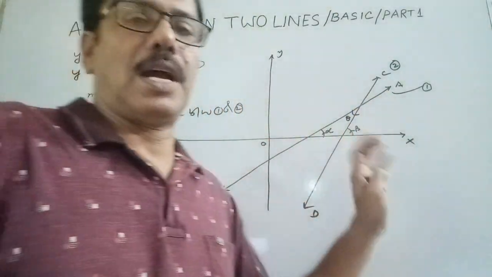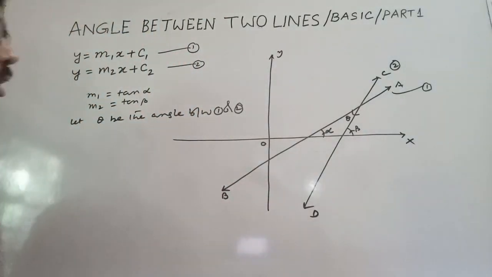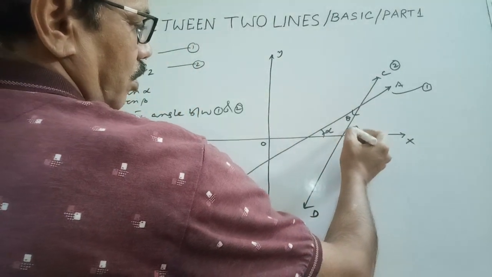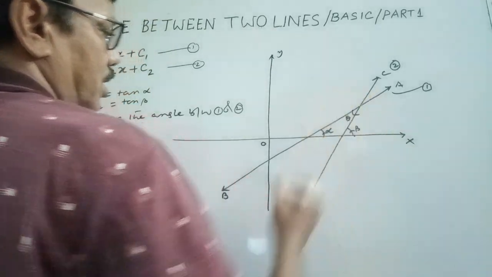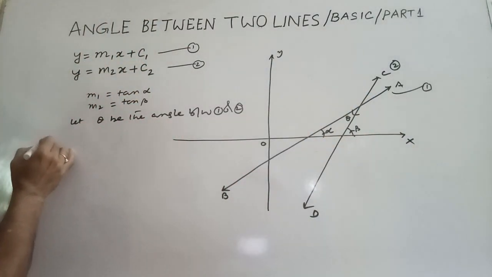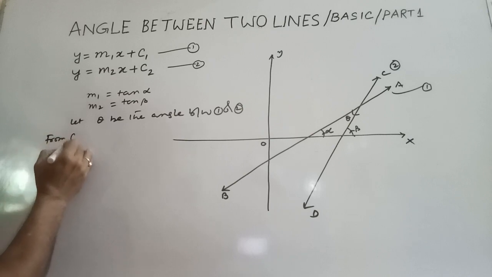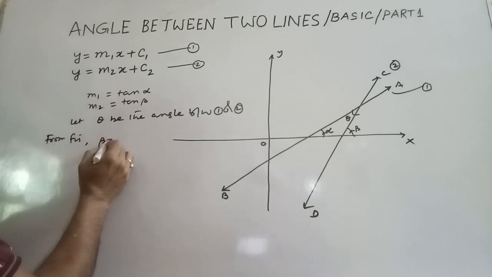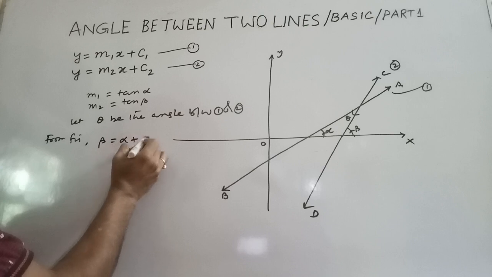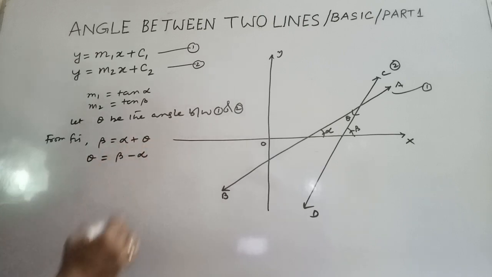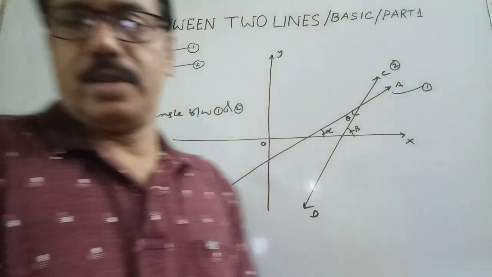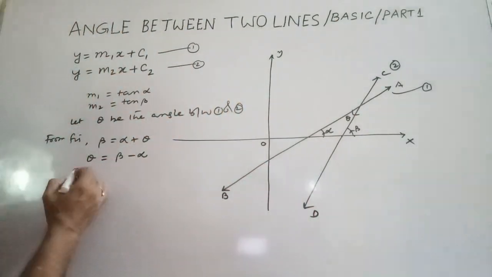So what is beta? From the figure, from this triangle, beta is the external angle, equal to the sum of the opposite interior angles. So beta equals alpha plus theta, so theta equals beta minus alpha. So what is tan theta?